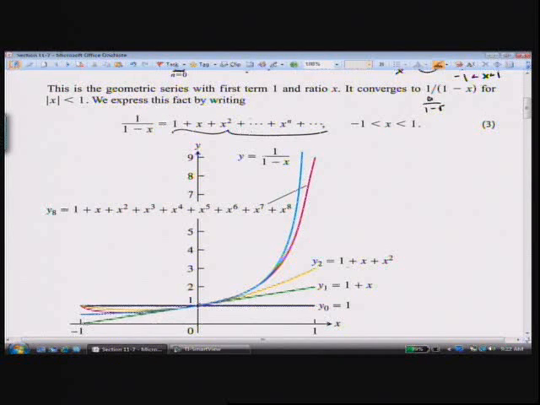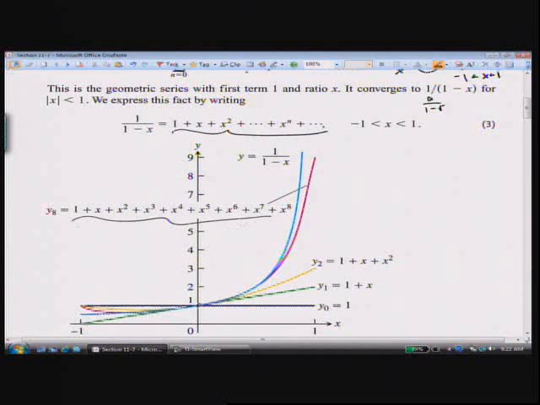Well, it turns out the closer you are to 0, you can stop like after the first term or after the first 2 terms. This is after the first 3 terms. They did 1 plus X plus X squared. Now, if you want to use this polynomial to approximate a value of the function closer to 1, you need to have more terms of the series in order to do that. Okay?